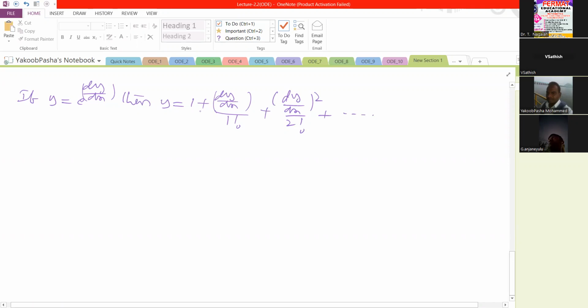So in this case the order is defined, order is equal to 1, but degree is not defined, since the derivative powers keep increasing.